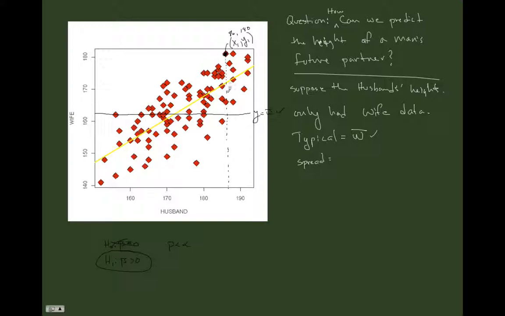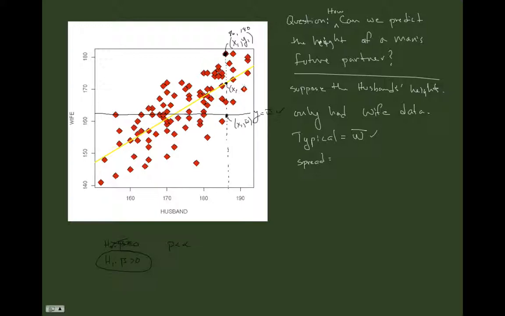I want to point out that there are two other ordered pairs to consider. There's the ordered pair x1, w bar, because remember, every point on that horizontal line has w bar height. And then there's a point here on the line.